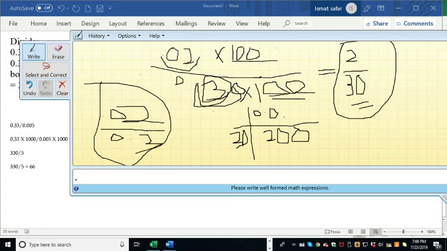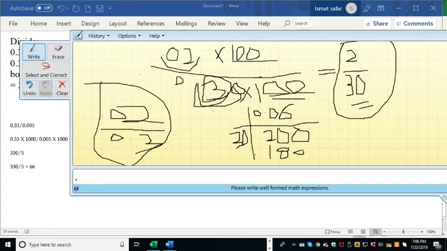We add the decimal point only once. Now 200 divided by 30. Let's try 6. How many 30 in 200? We try 6. 6 times 30 is 180, and we have a remainder of 20.